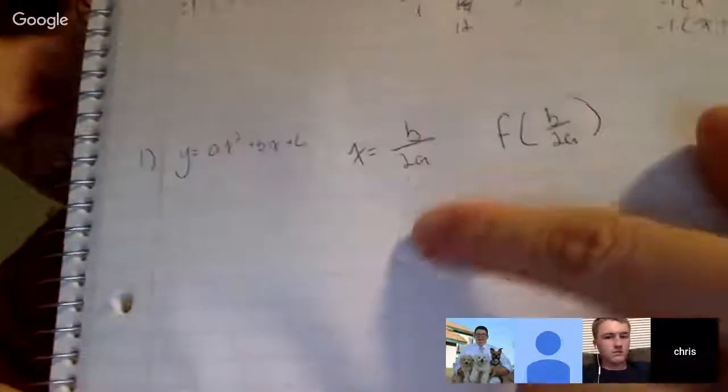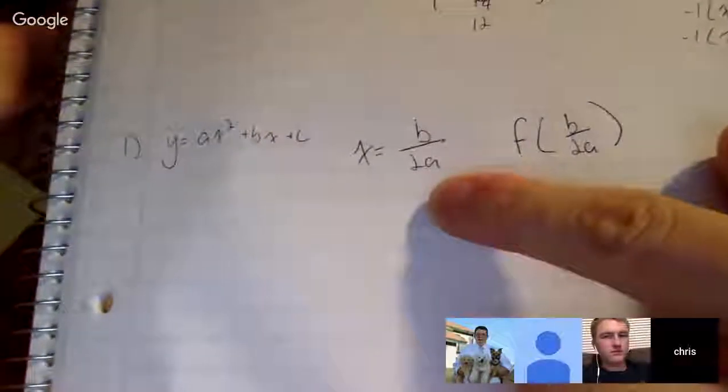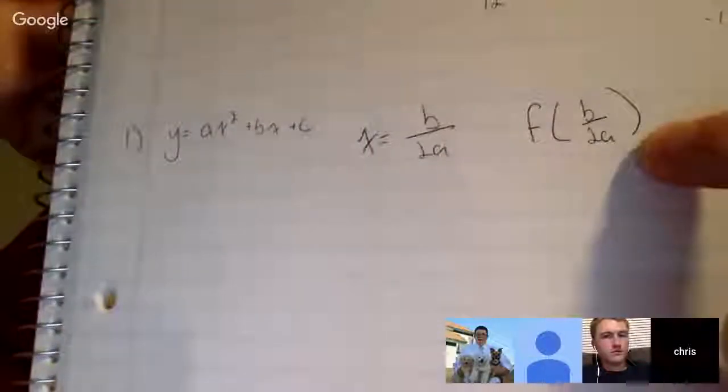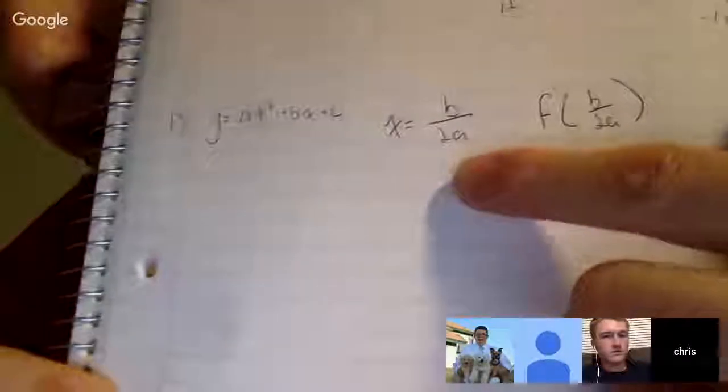So for that equation with x equals b over 2a, that gives you the x for the vertex, and when you plug the answer for that into the equation, it'll give you the y. So this is your coordinate for the vertex. So that's not the x-intercept, I guess. It's just the vertex of it. Okay.